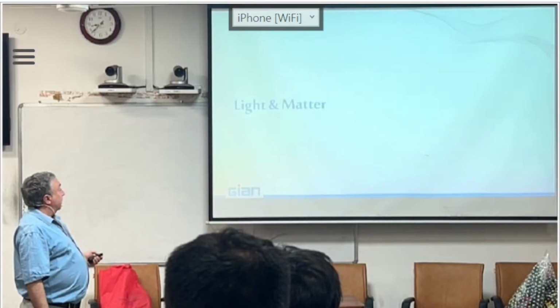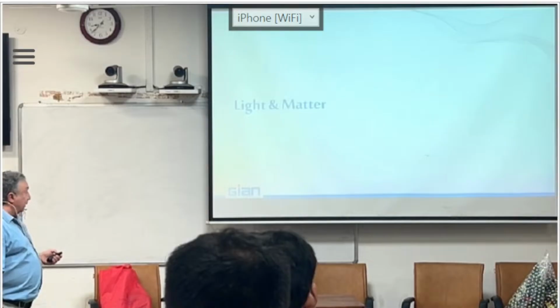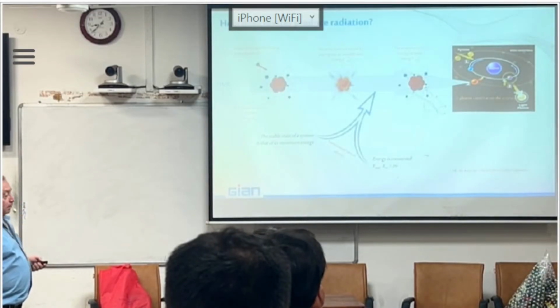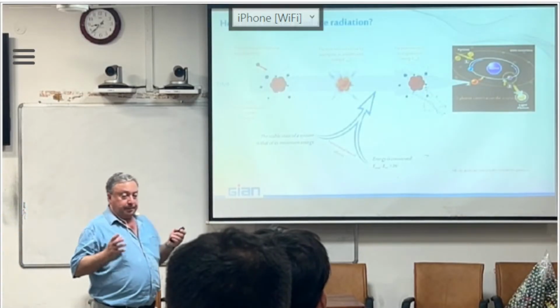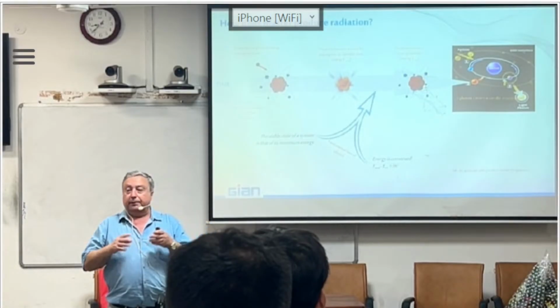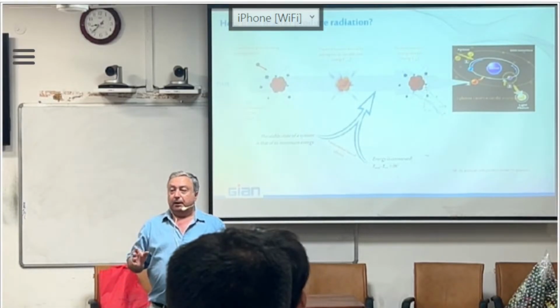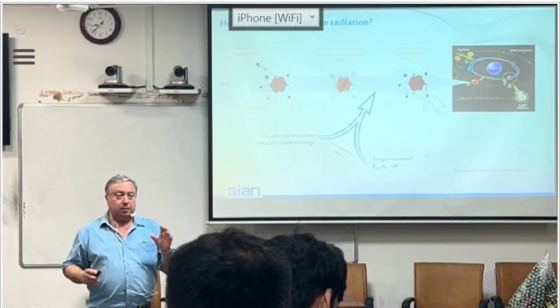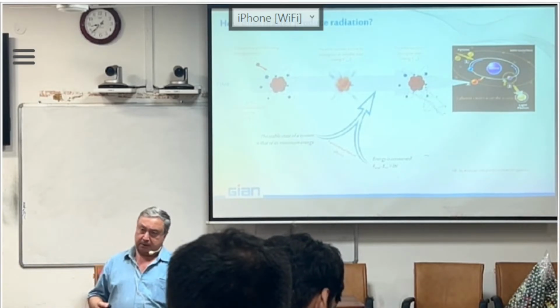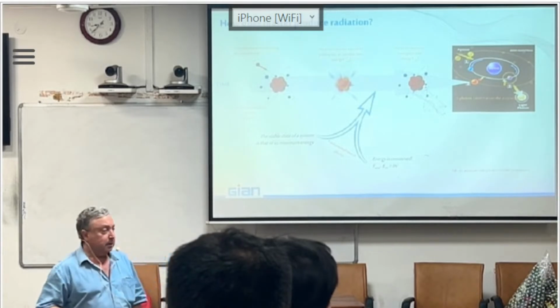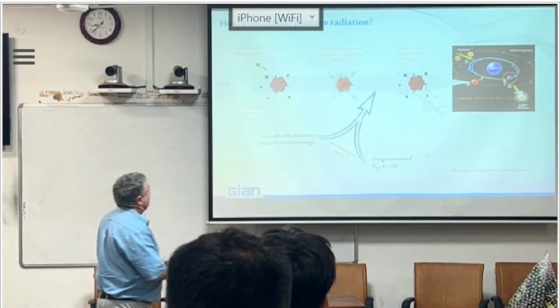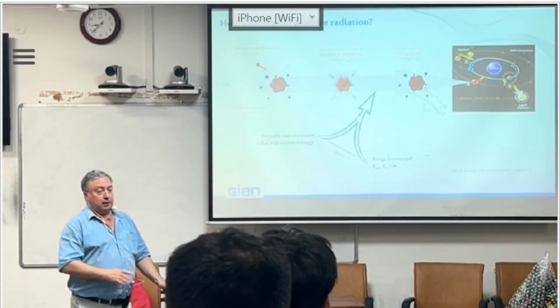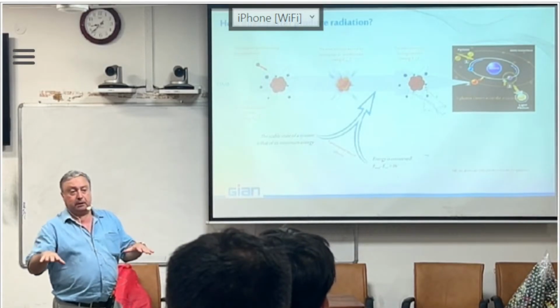Okay, a few words about the interaction of light and matter. How does matter produce light? This is a universal principle. Very simply, light is produced by atoms or molecules. Take the simple case, which is atoms. You have an atom, which is normally in steady state conditions.